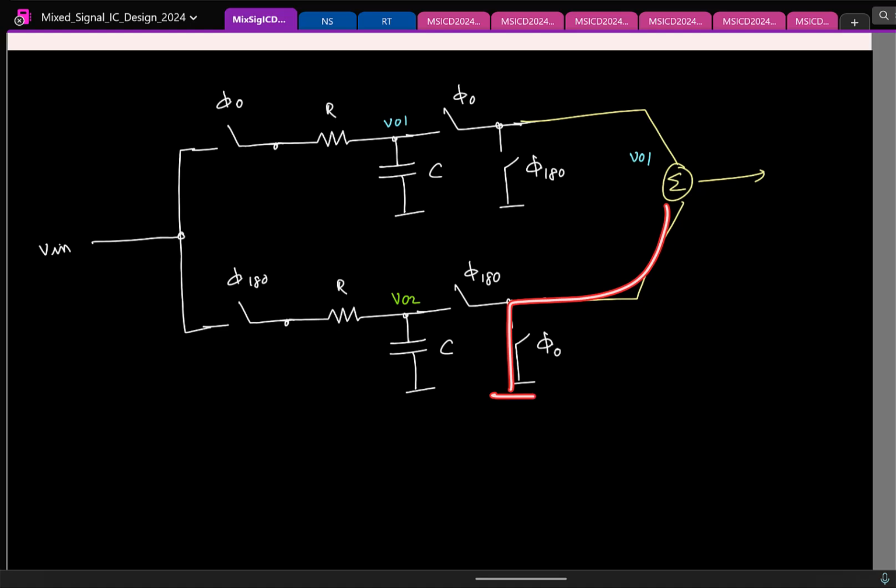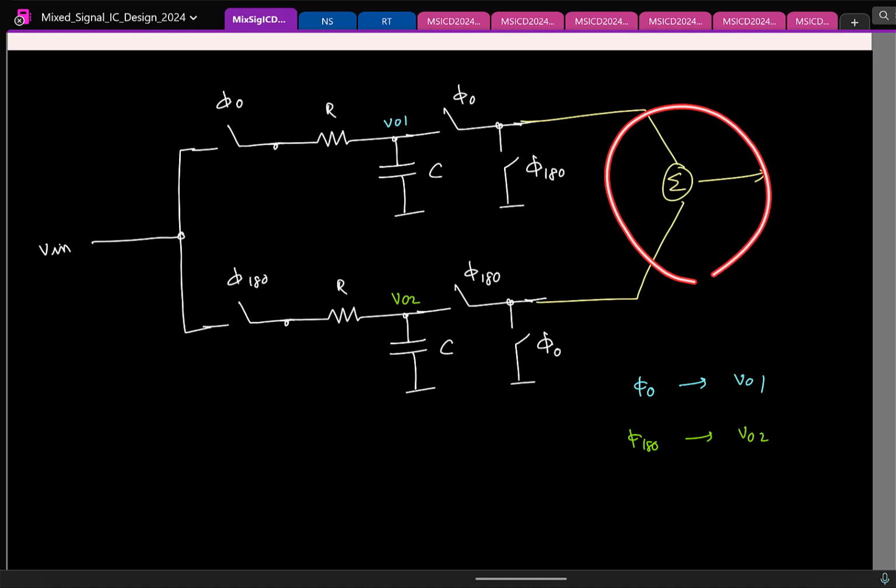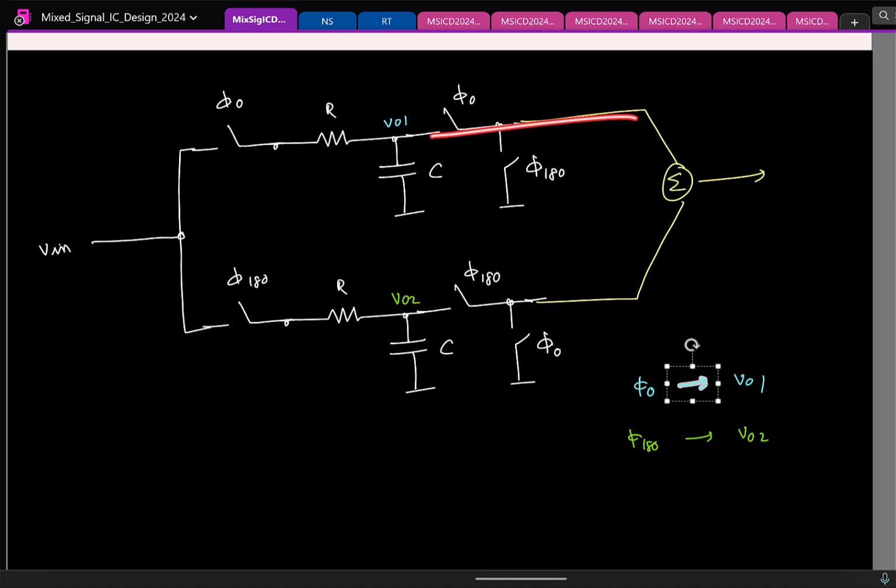It's grounded, that is 0. So what is the output in phi 0? Similarly in phi 180, this input is 0, so the output is VO2. So now it looks like this guy is not doing anything. It is not actually summing up 2 signals, because at any given point of time only one of the signals is non-zero.